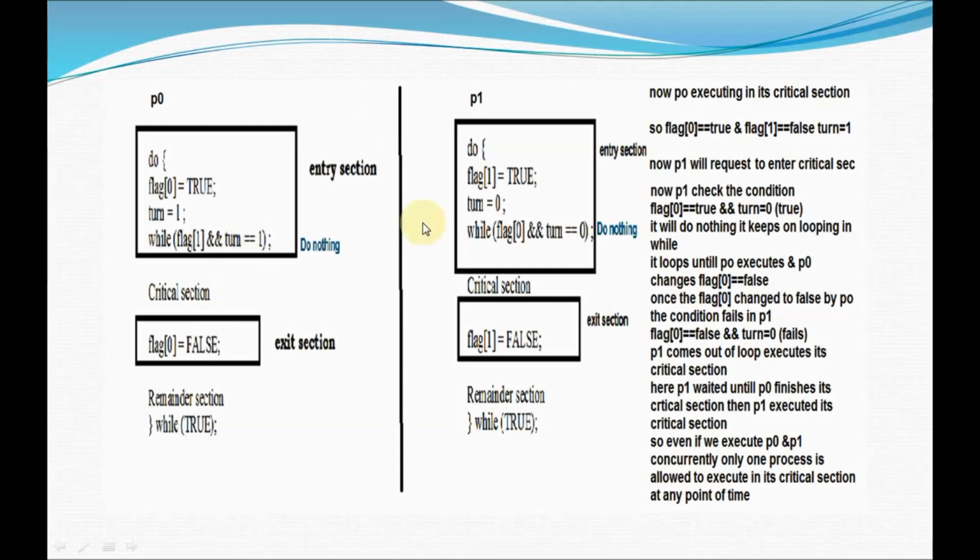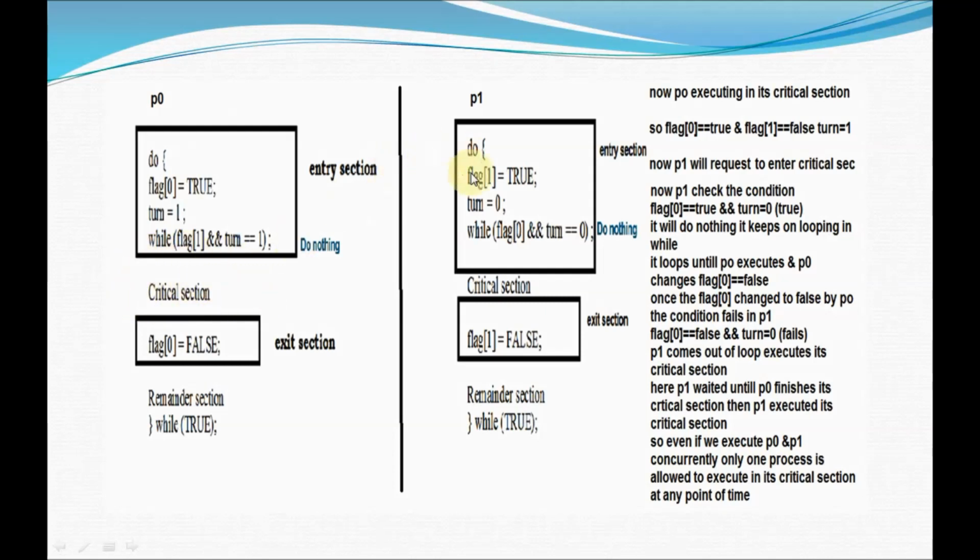P0 is executing, and that's why flag 0 is set to true, and turn is equal to 1. P0 already changed the value of turn from 0 to 1. That means P0 has given the chance to P1 initially, but P1 was not interested. That's why P0 entered into its critical section, and it is still executing in its critical section.